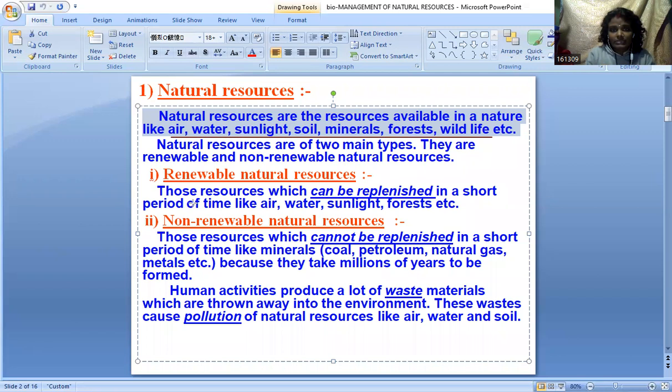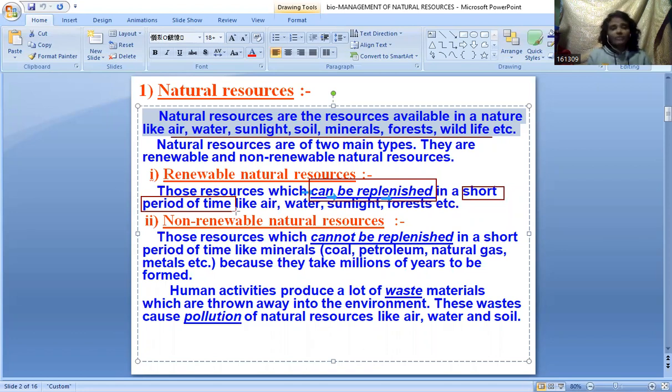Renewable resources are the resources which can be replenished, which can be reproduced for us when they are finished in a short interval of time.